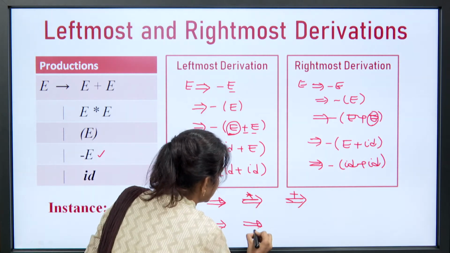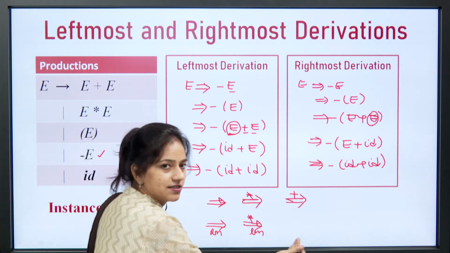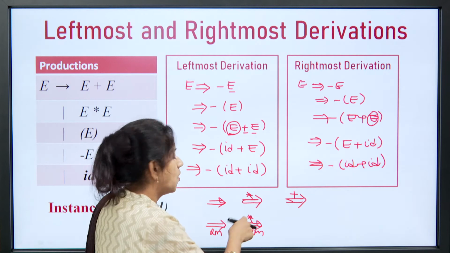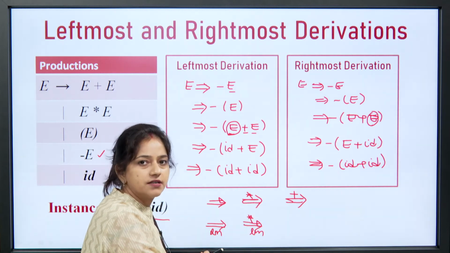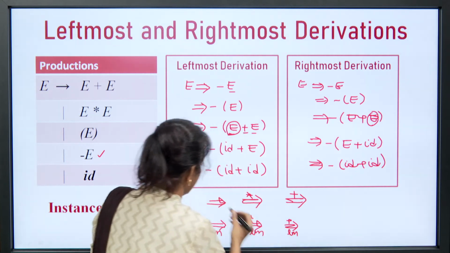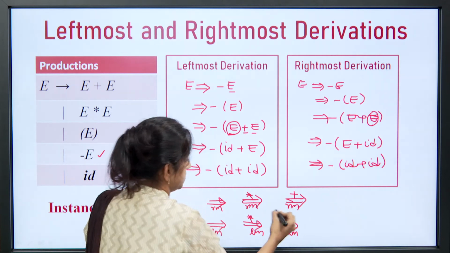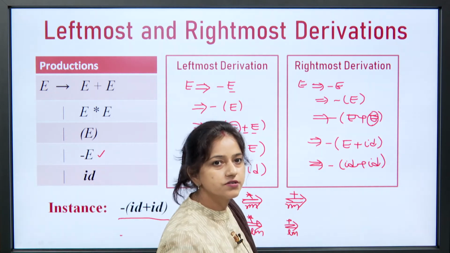Similarly, we can write like this, meaning LHS derives RHS in 0 or more steps using leftmost derivation. Similarly, we can interpret these notations, where we can have RM, RM and RM. So, it means obtain it using rightmost derivation.